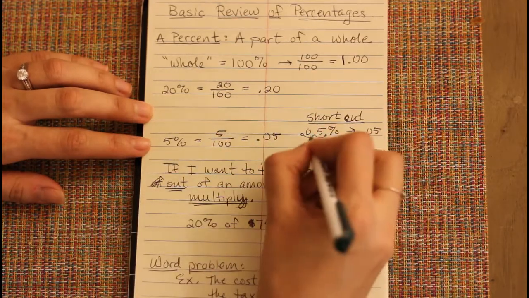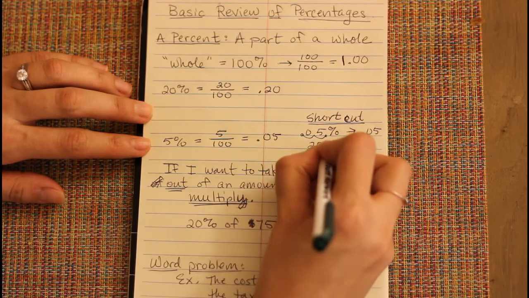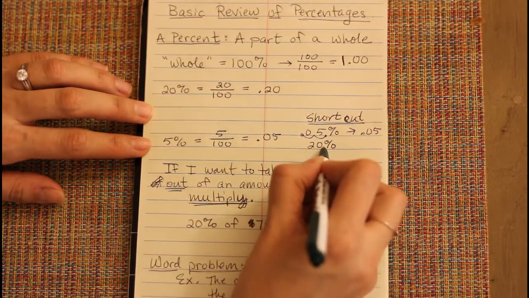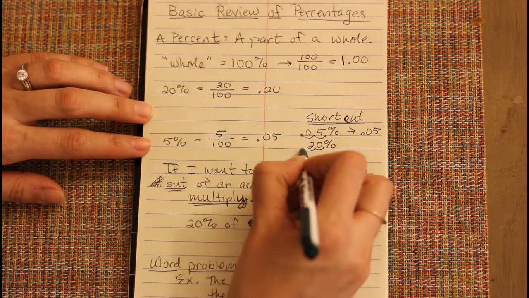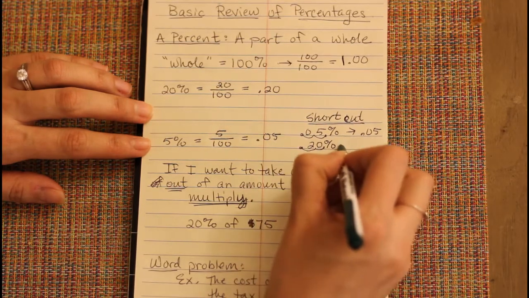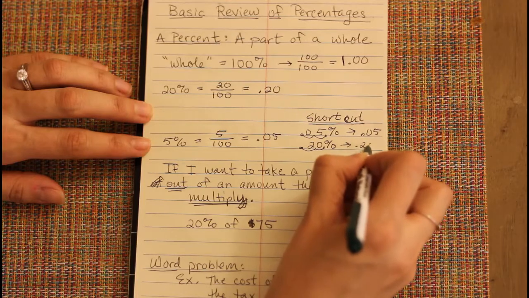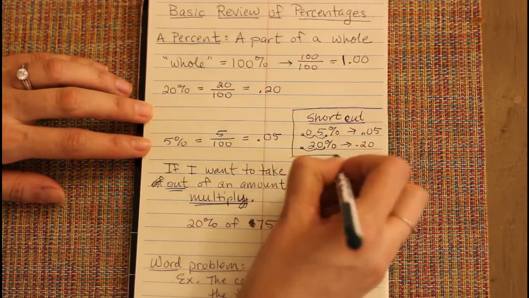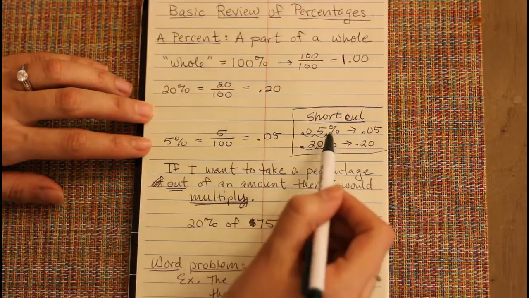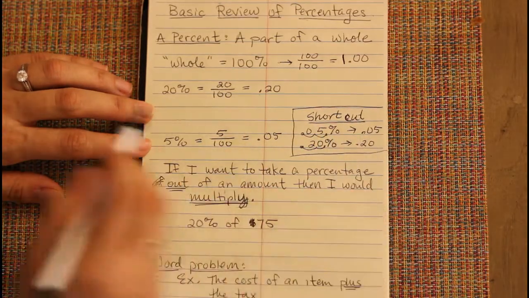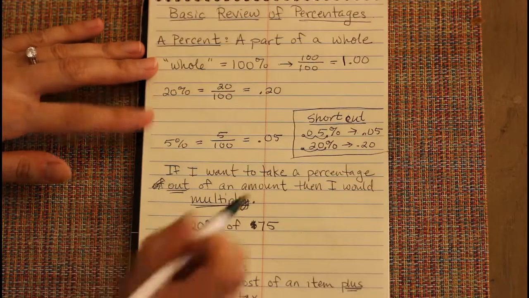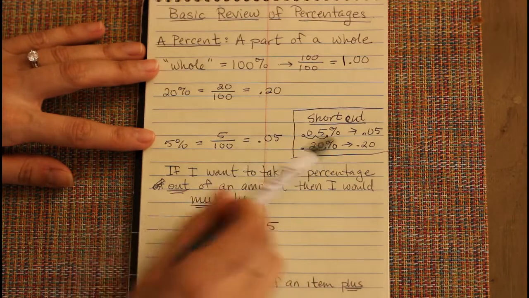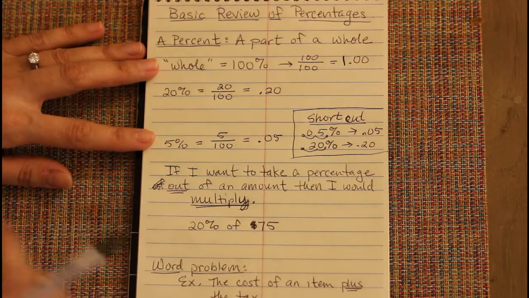If I take it with 20%, I'll have the little decimals here, and I'm going to move it 2 spots to the left, and I get 0.20. So that's a little shortcut that you probably learned in order to turn percentages into decimals very quickly. But mathematically it's really just a division over 100. So either way will get you the same amount.